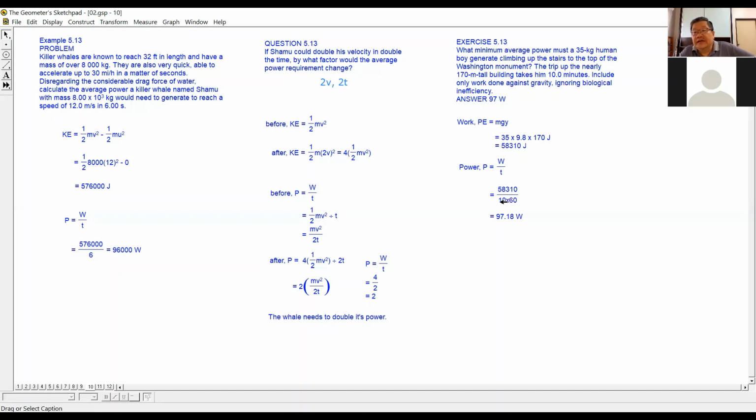The unit that's consistent is seconds, so you have to convert the 10 minutes into seconds. So it's 600 seconds. Energy divided by 600 seconds, the answer is 97.18 watts. This is the power used to climb up the 170-meter monument.